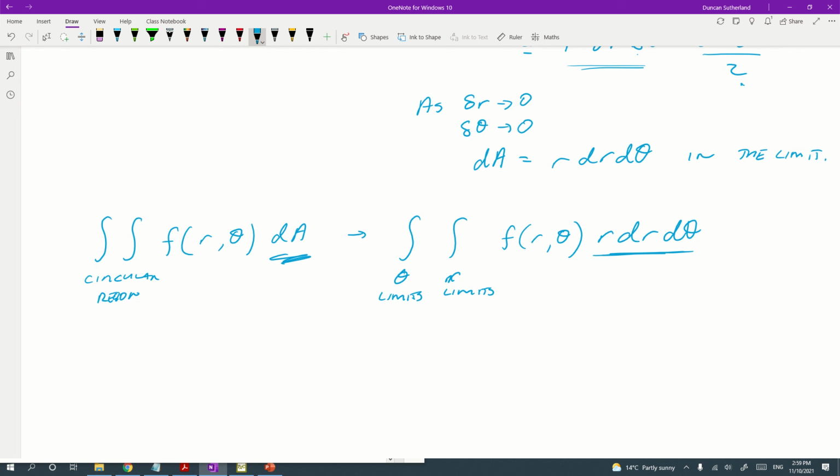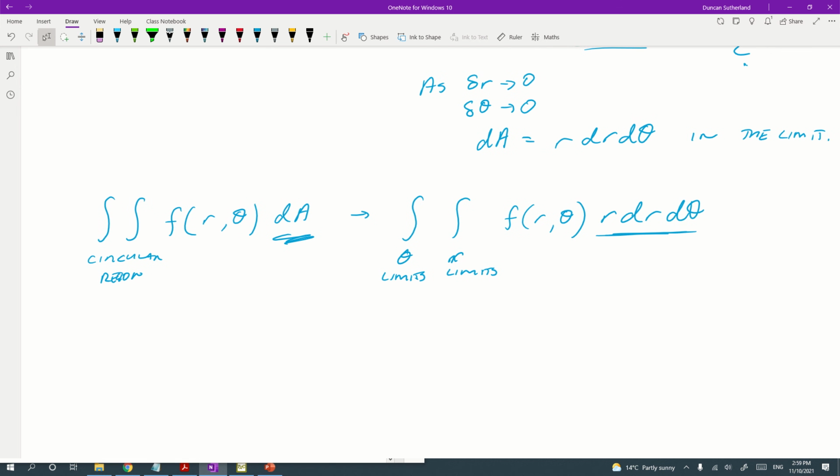Okay, so let's do an example to cement this home. Let's consider an example in Cartesians, and then we'll put it into polars.